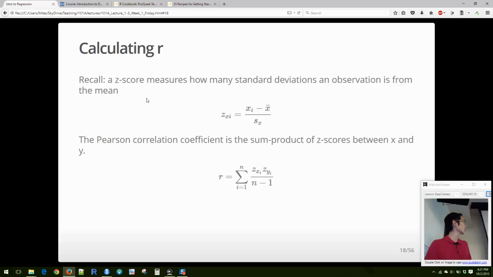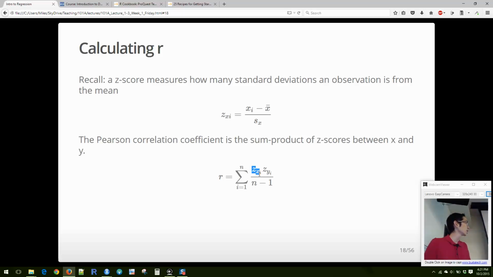So this is how we calculate R, okay? Recall that a z-score measures how many standard deviations an observation is from the mean. So for x, you take the observation, subtract off the mean of x, and divide by the standard deviation of x, and you get the z-score. So the Pearson correlation coefficient is the sum of the products of those z-scores, divided by n minus 1, which is an adjusting factor.